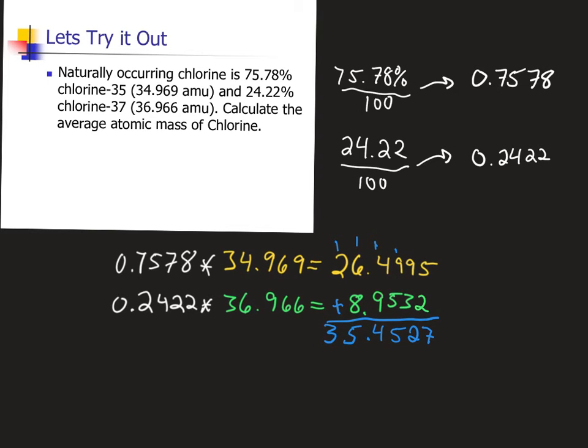So that is my answer. Now, if I look on my periodic table, I have an answer of 35.4527. Well, looky there. That's exactly what we got. So that means we got the problem correct. Excellent. That's what we want.